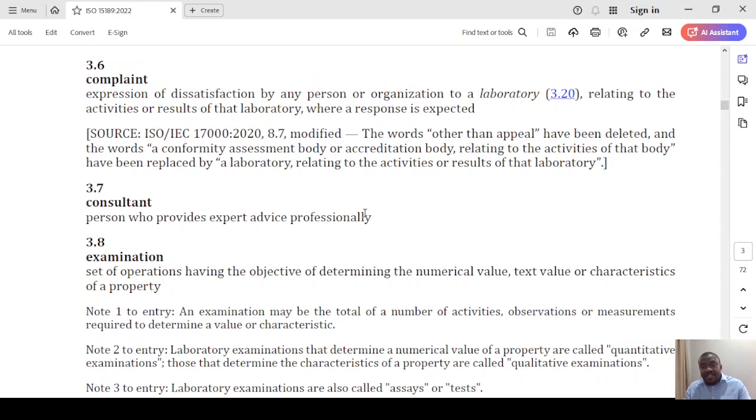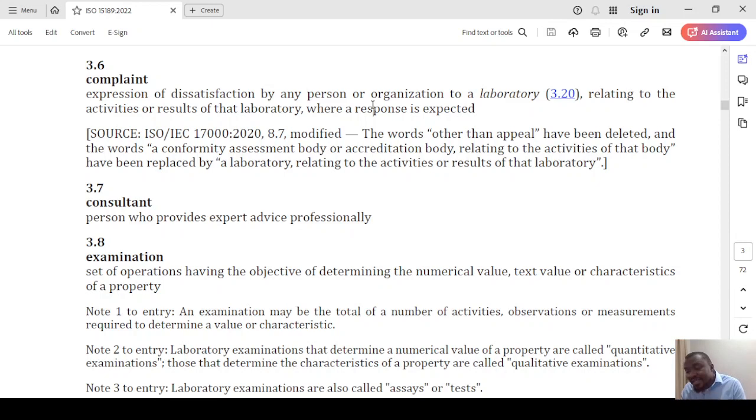When it talks about complaint, this one was not there in the previous version. It is a new term. It is the expression of dissatisfaction by any person to you as the lab, with regards to your practices or your results.